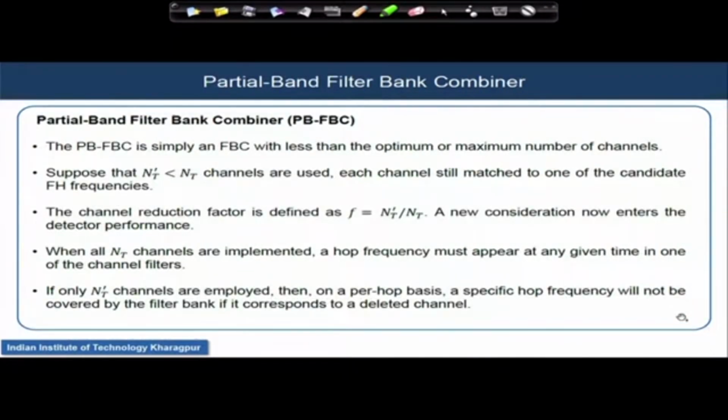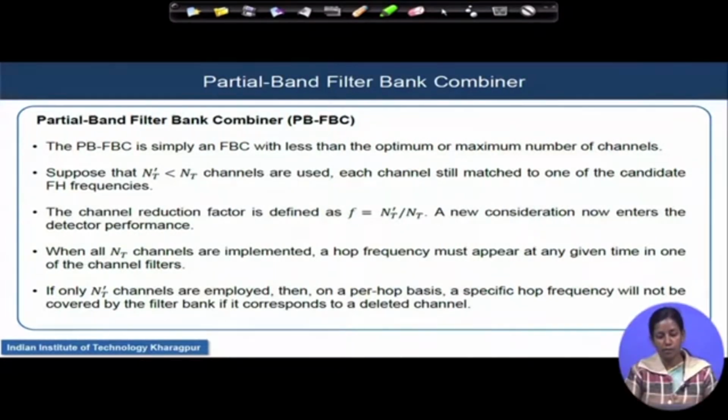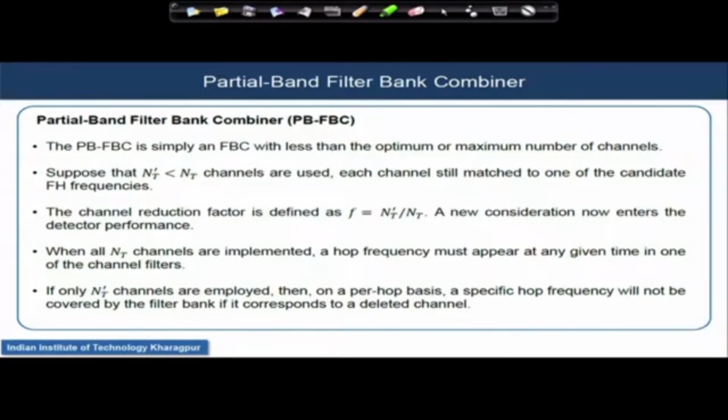So the partial band filter bank combiner is the last detector structure in this series, which further tries to simplify the whole structure of the optimal detector design. Partial band FBC is simply an FBC, but it does not take care of all the channel decision outputs.